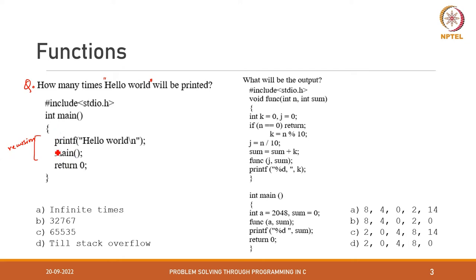Ideally it should continue forever, because this is a recursion where there is no terminating statement. However, instead of infinite times, it will be till stack overflow. That will be the total number of times hello world will be printed.